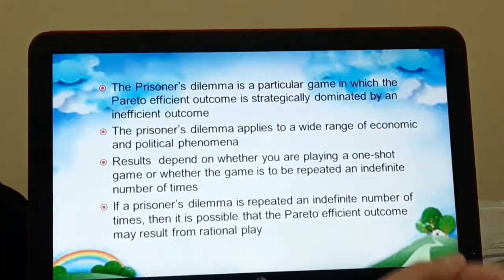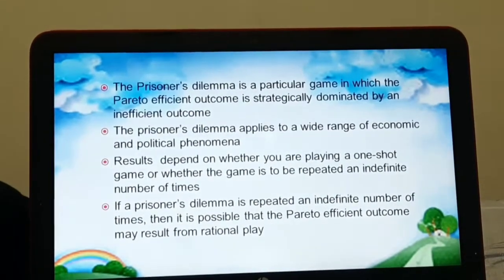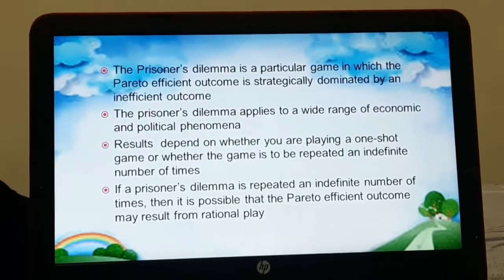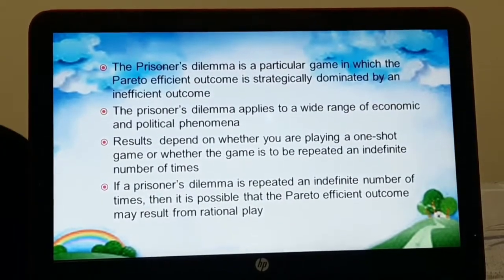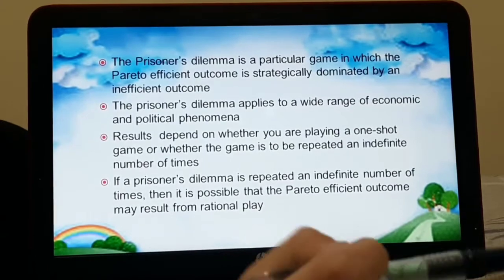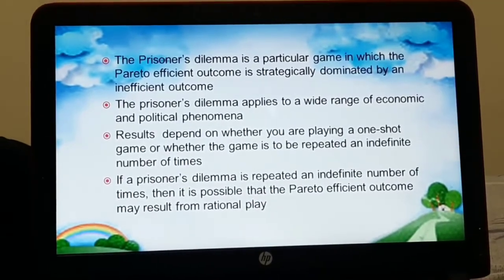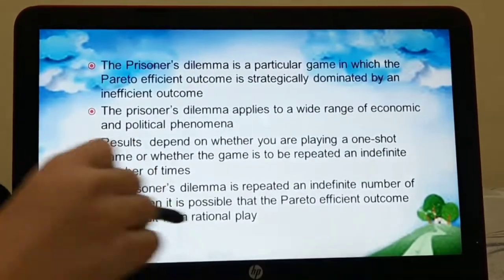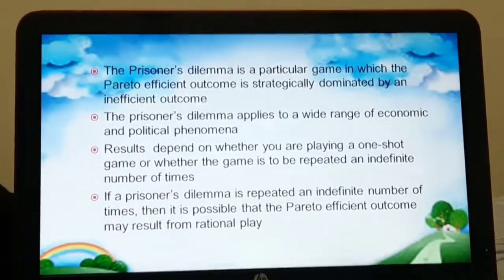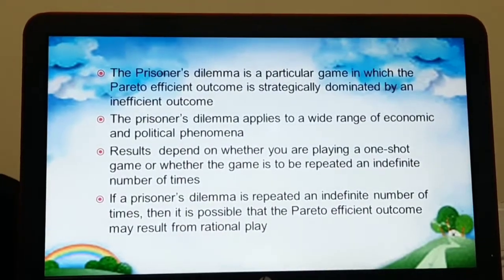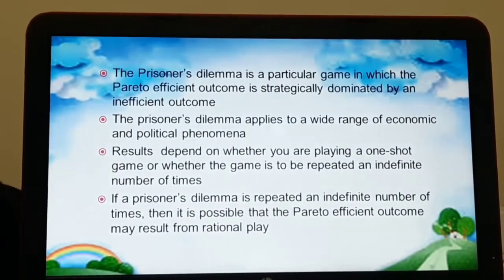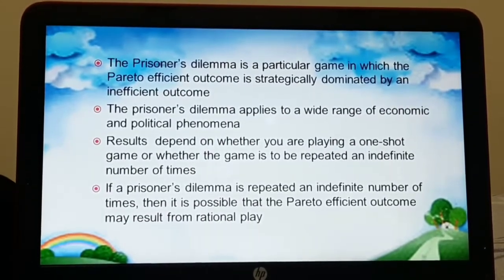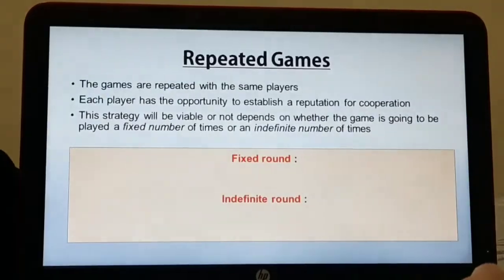The prisoner's dilemma applies to a wide range of economic and political phenomena. Results depend on whether you are playing a one-shot game or whether the game is to be repeated an indefinite number of times. If a prisoner's dilemma is repeated an indefinite number of times, then it is possible that the Pareto efficient outcome may result from rational play.